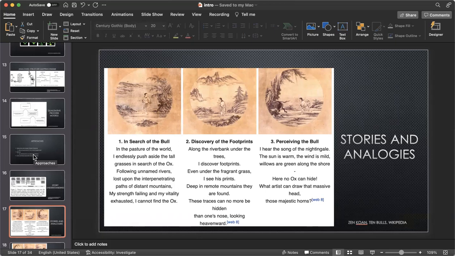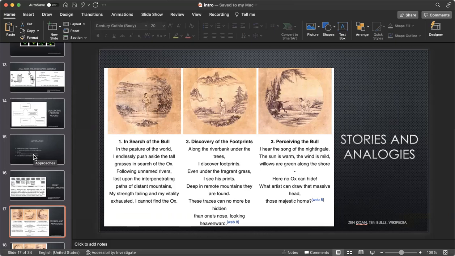In the 12th century AD in China, there was a Chinese Zen monk who wrote a very nice short story. In Zen Buddhism, this is called a koan.